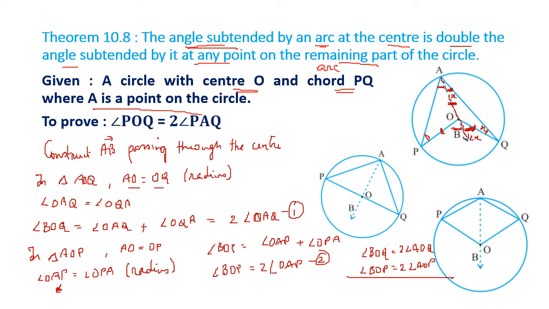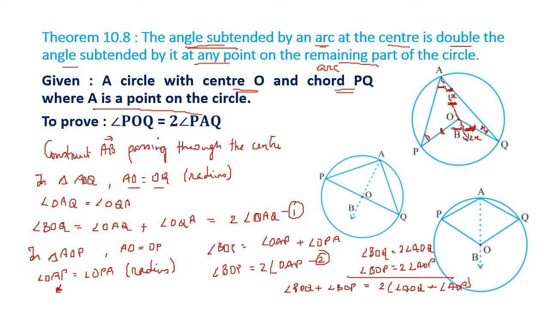Now adding these two we have angle BOQ plus angle BOP equal to 2 common, angle OAQ plus angle OAP.